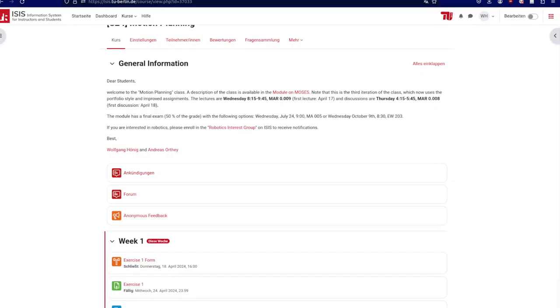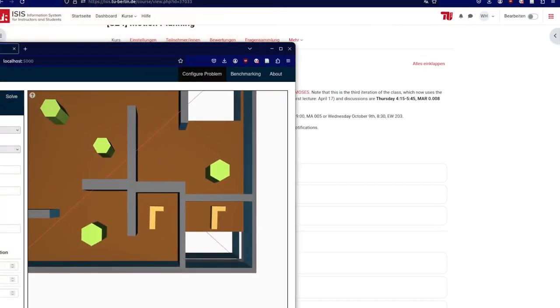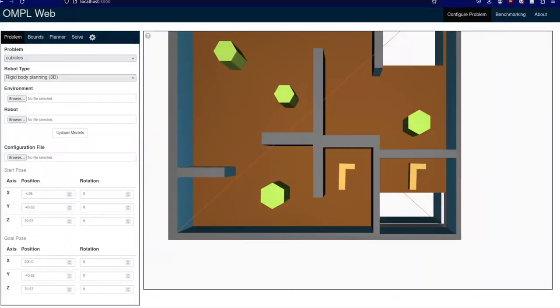Do I have it here? I have to just move it over. Okay. So basically, there's some Docker container you can also run locally, and then it's like the web page running.